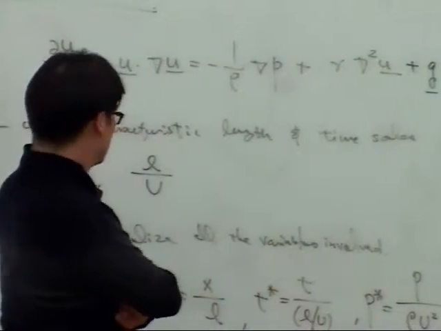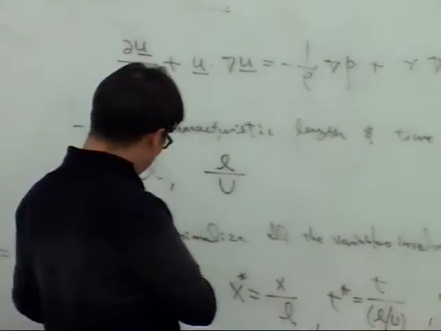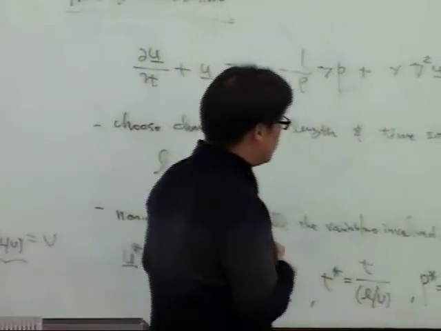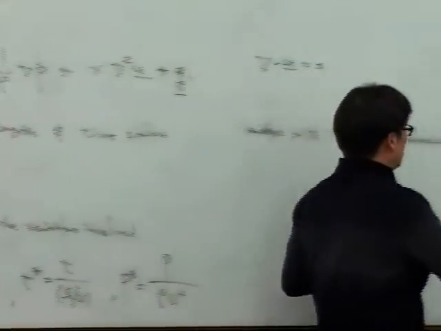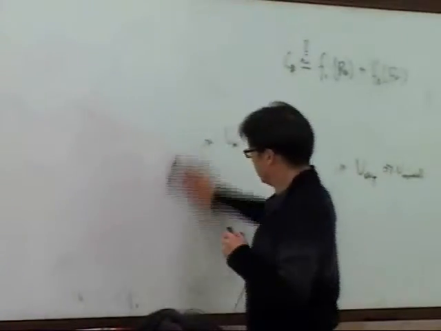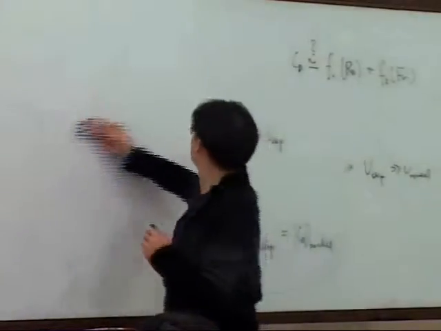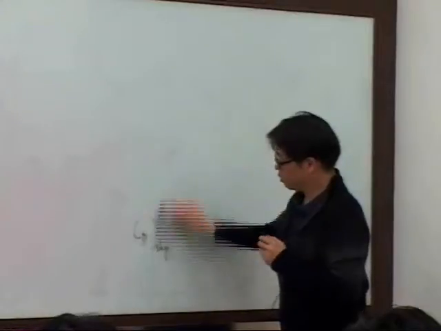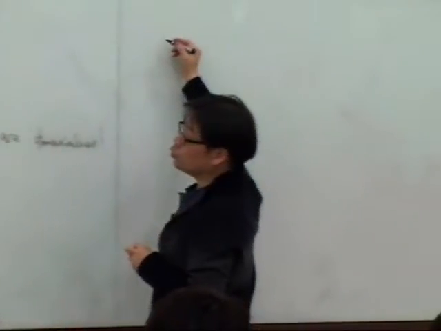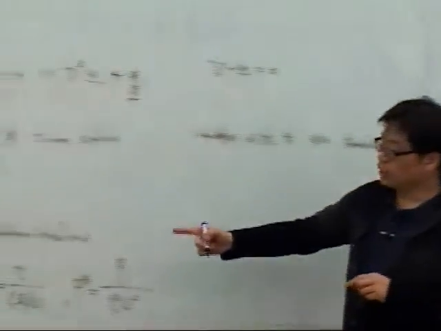So the next step is just to replace u by u star and x by x star and so on. So first, the term du/dt: u is capital U times u star.